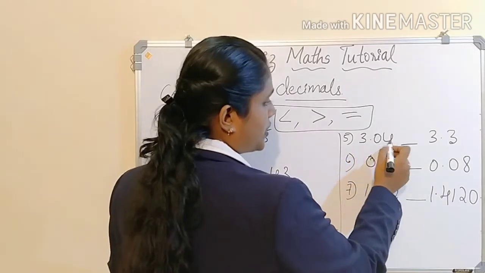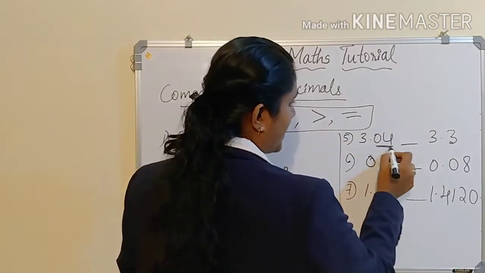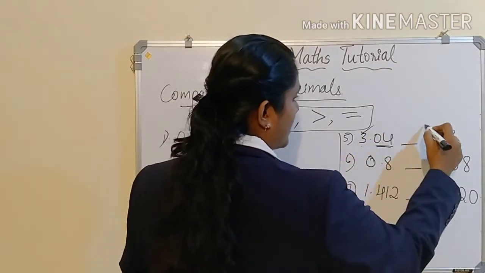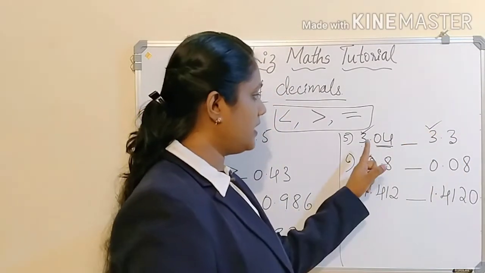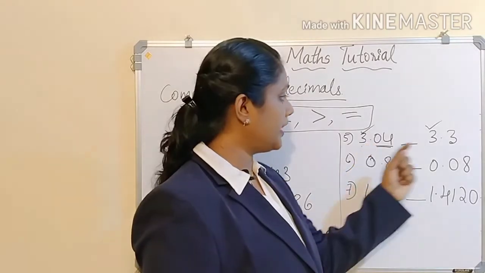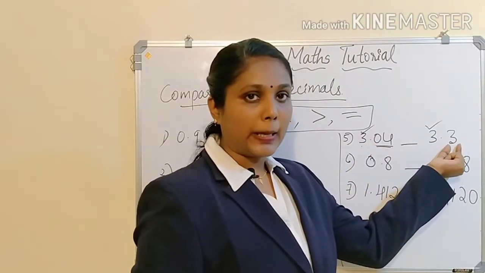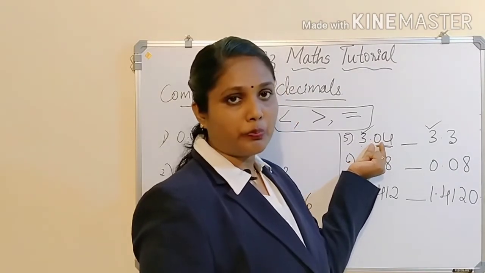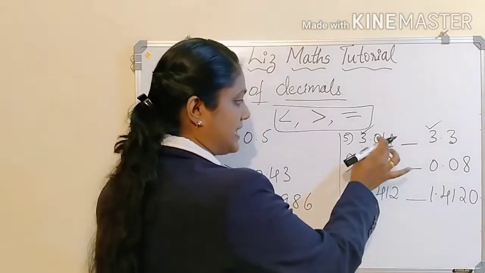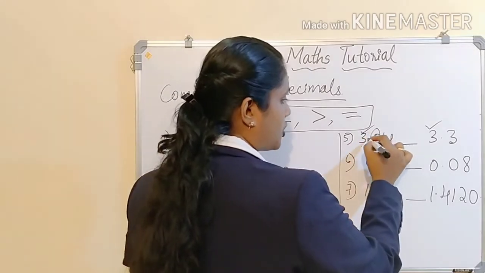Let's see the fifth one. See here 3.04. Here you can see 3 is okay. Here also 3. But after this decimal point, here you can find 3, but in the place of it here, you can find 0. So first you have to check the tenths place.